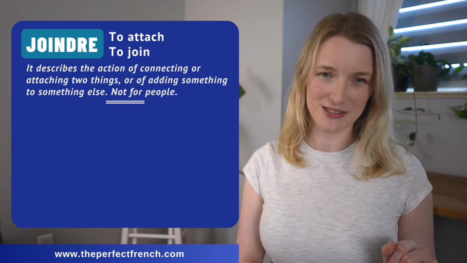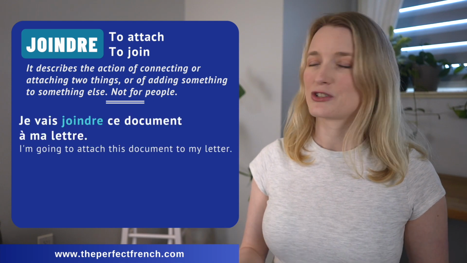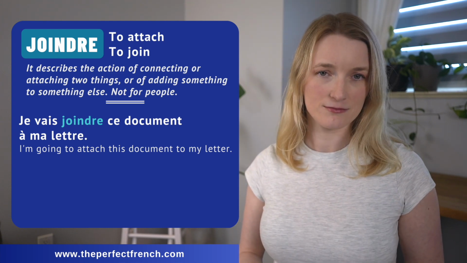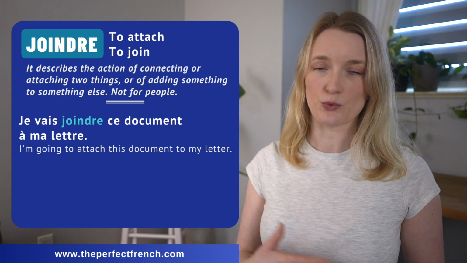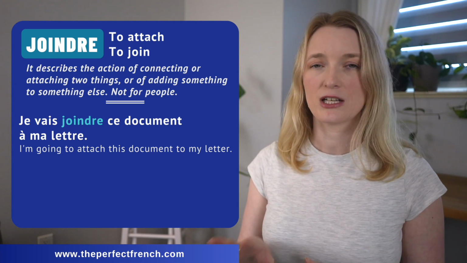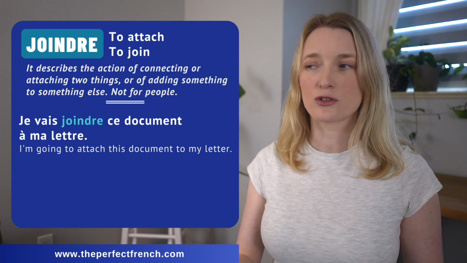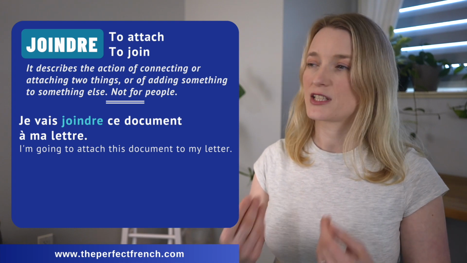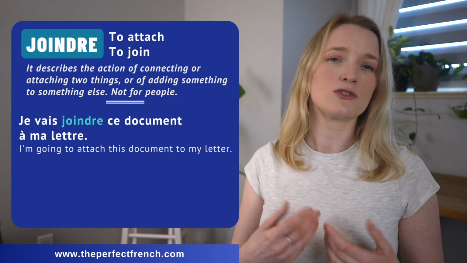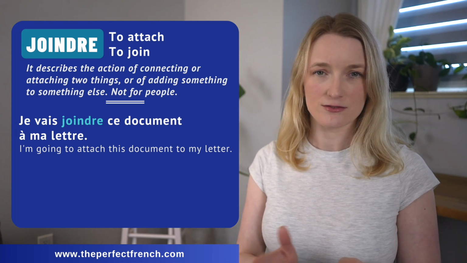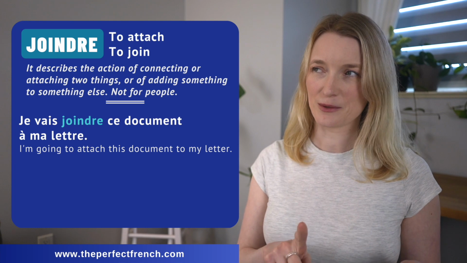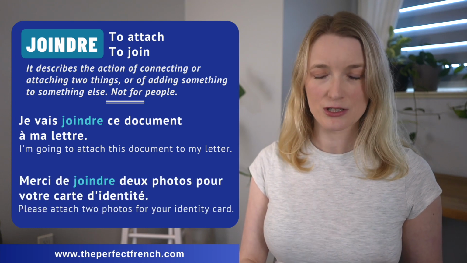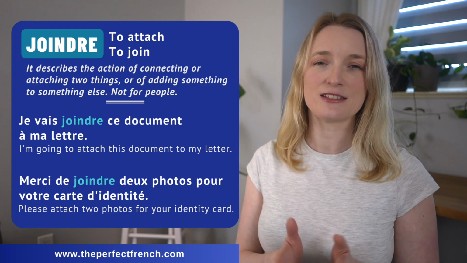Let's see two examples. Je vais joindre ce document à ma lettre. So, ce document is the object, like I said. I'm going to attach this document to my letter. Same in English. Very easy. Another one.